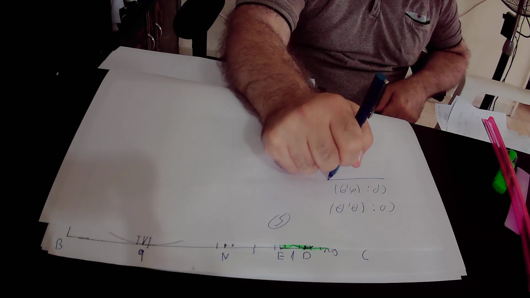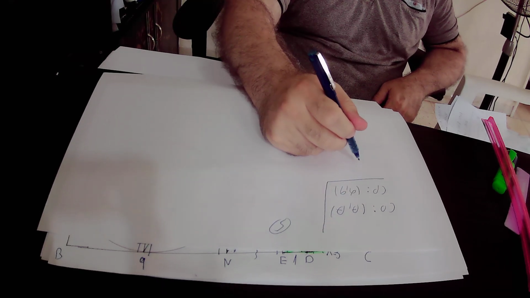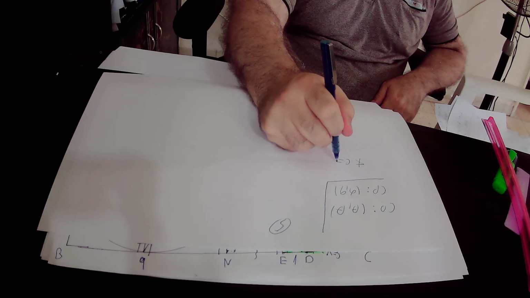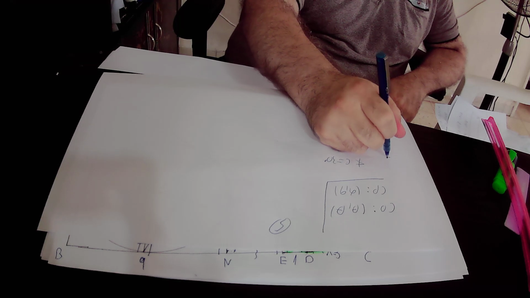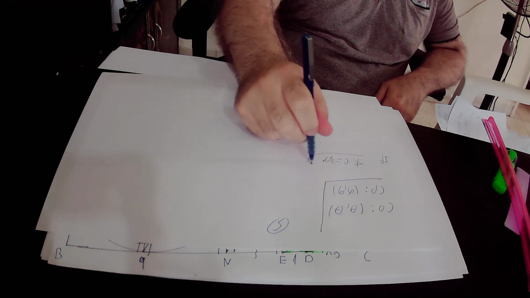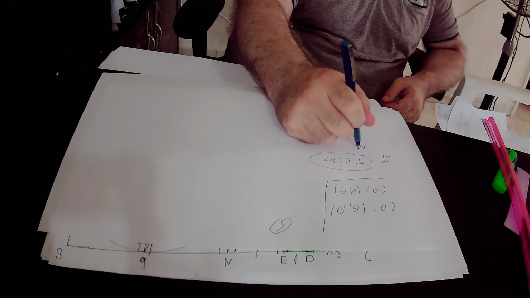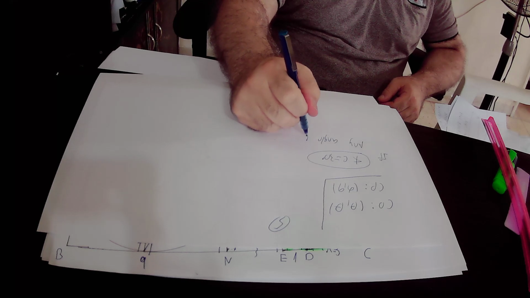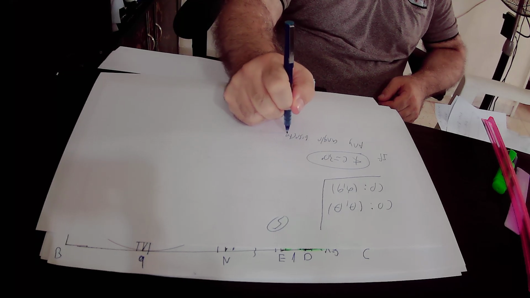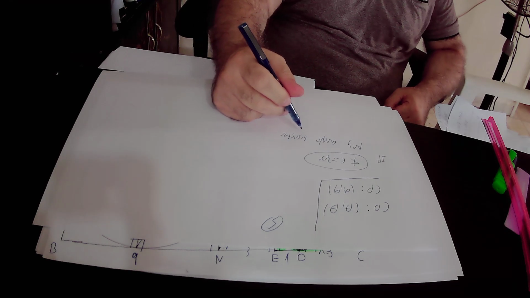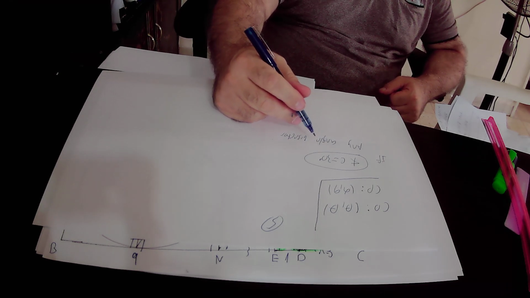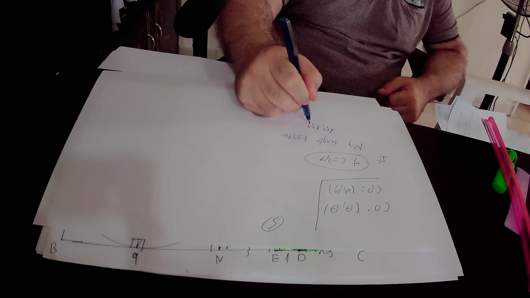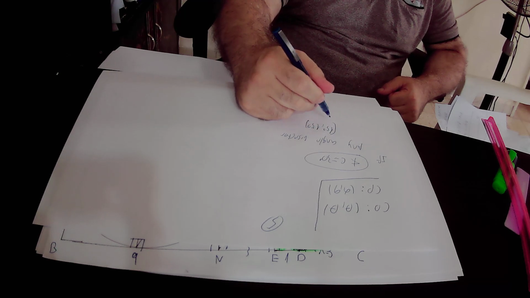And it is impossible. Why? It is impossible because if angle C equals 30 degrees, then any angle bisector will bisect angle C into two halves that are 15 degrees and 15 degrees only, and not any other two halves.